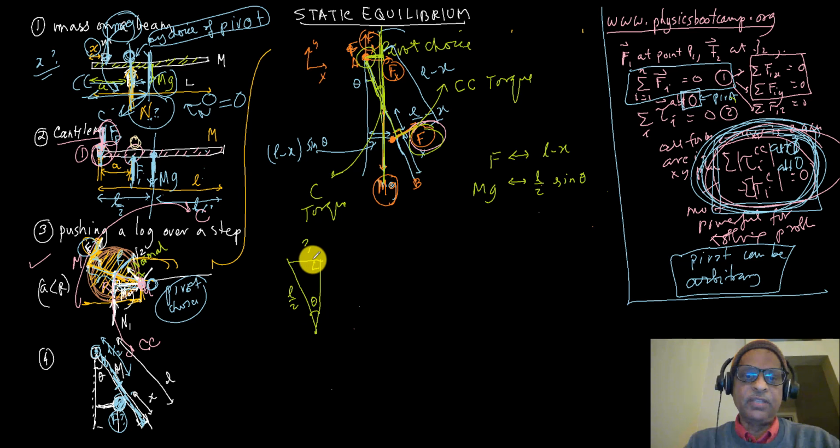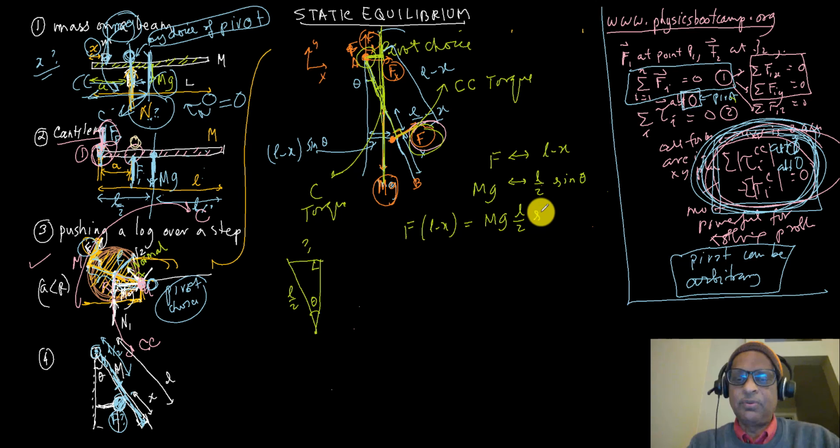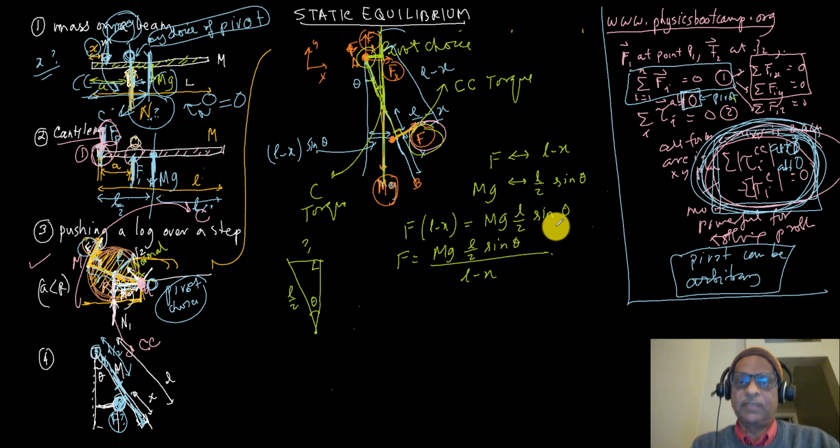So that's going to be L over 2 sine theta, and these two torques are supposed to balance. So F times L minus X is equal to mg L over 2 sine theta. So the F will be mg L over 2 sine theta over L minus X.